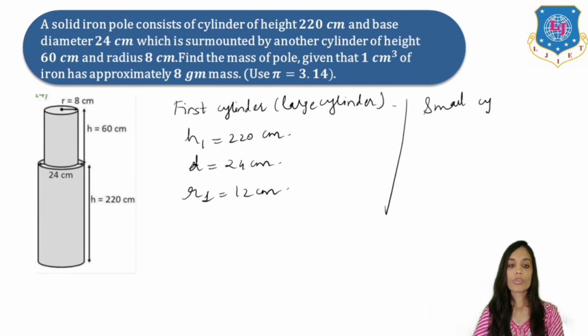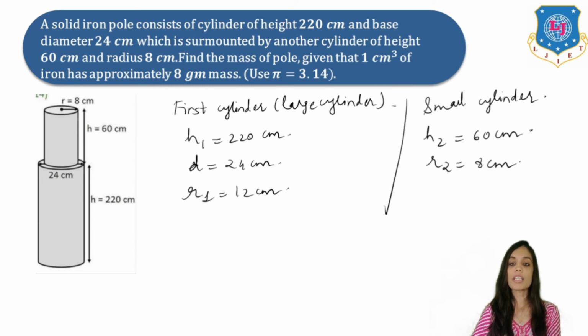So we can write its height as H2, which is 60 centimeter, and radius R2 is 8 centimeter. Now what do we have to find? We have to find the mass of the pole, given that 1 centimeter cube of iron has approximately 8 gram mass, and we have to compulsorily use the value of pi as 3.14.